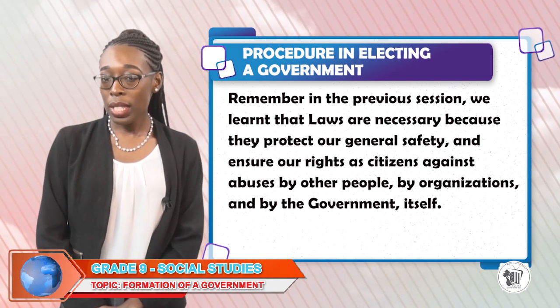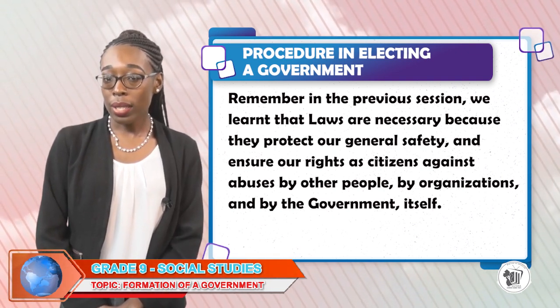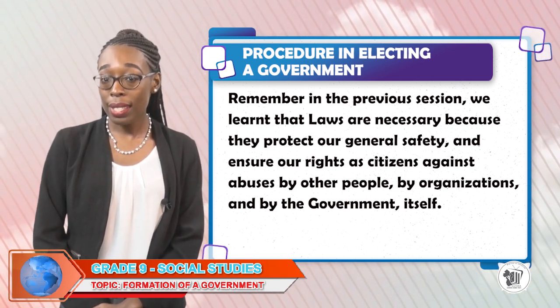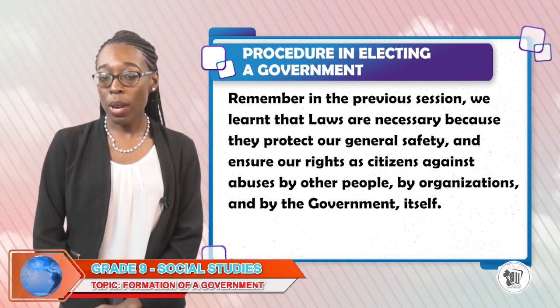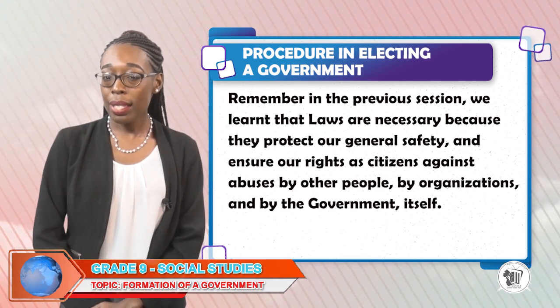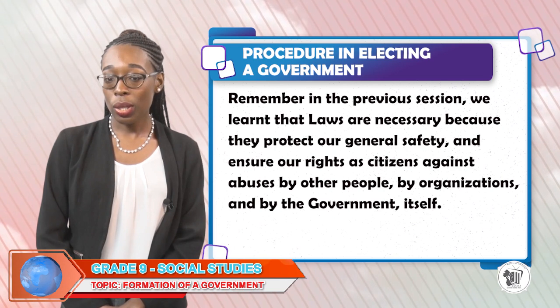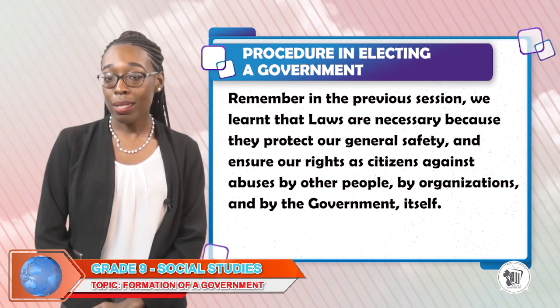Remember that in the previous session, we learned that laws are necessary because they protect our general safety and ensure our rights as citizens against abuses by other people, by organizations, and by the government itself.